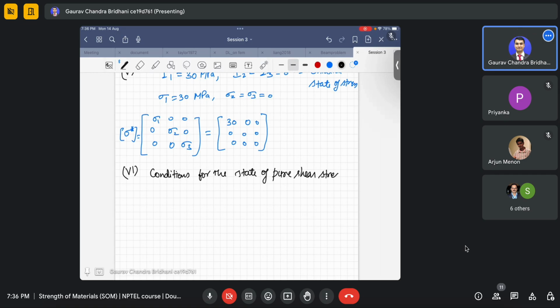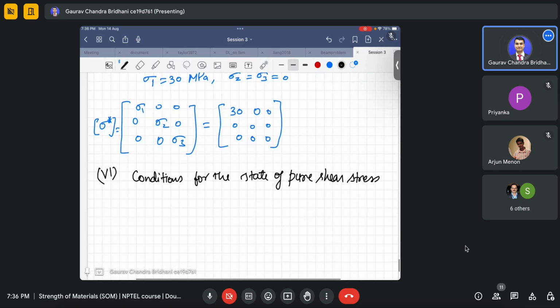So the condition is that I1, that is sigma xx plus sigma yy plus sigma zz in any general state of stress, or sigma 1 plus sigma 2 plus sigma 3 when you have principal stress, should be 0. I1 equal to 0 is a condition of pure shear.